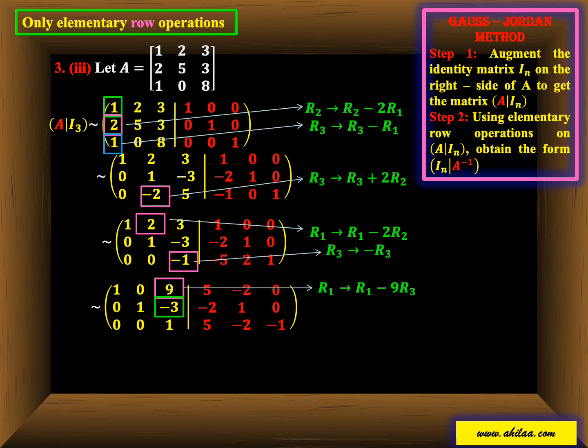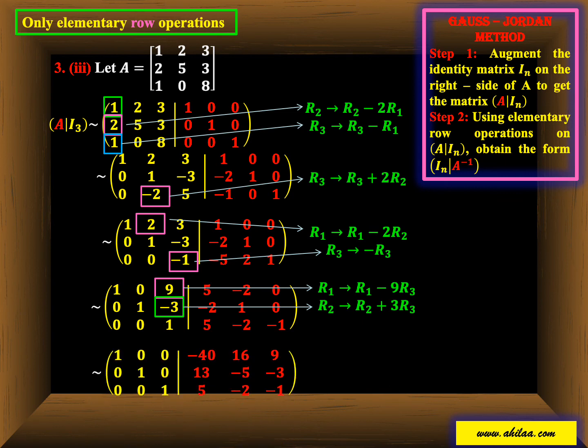So next I want to make this A23, which is minus 3 here, as 0 by using the operation R2 goes to R2 plus 3R3. So the corresponding changes are, first row now 1 0 0 minus 40 16 9. Second row 0 1 0 13 minus 5 minus 3. Third row 0 0 1 5 minus 2 minus 1.